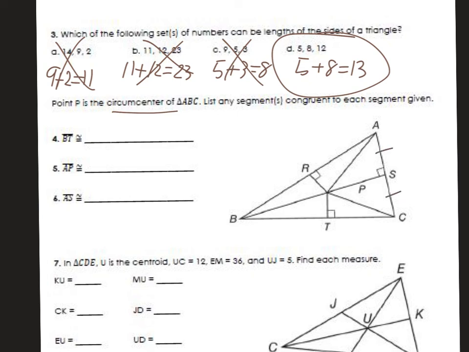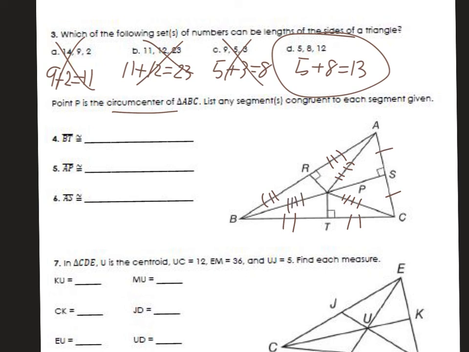So AS is congruent to SC, TC is congruent to BT, BR is congruent to RA, and because circumcenters are the perpendicular concurrency point, the circumcenter is going to be equidistant to each vertex. So PA is congruent to PC and congruent to PB.